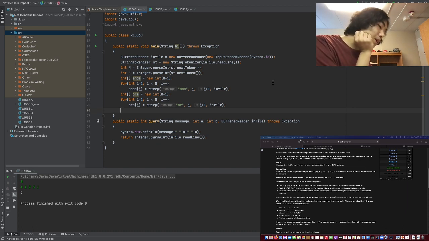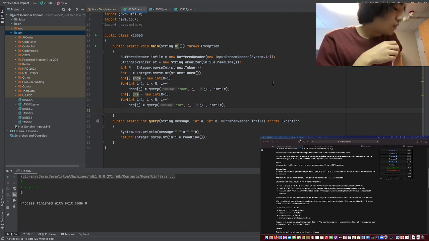Well, we know which bits are both set. Okay, well, we can find A uniquely. Yeah, this is enough information to tell us the value of A itself. And if we know the value of A, then we know the value of B. Right?